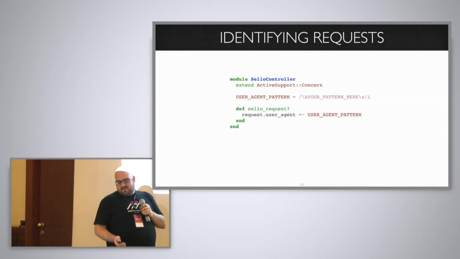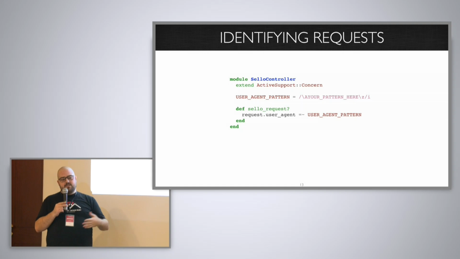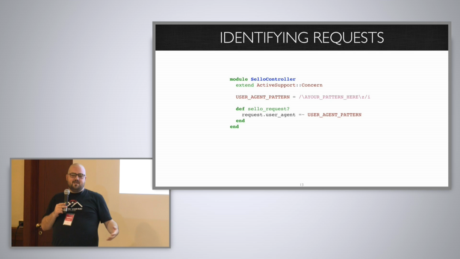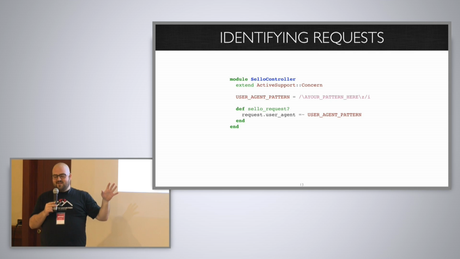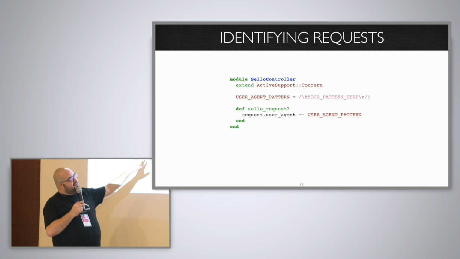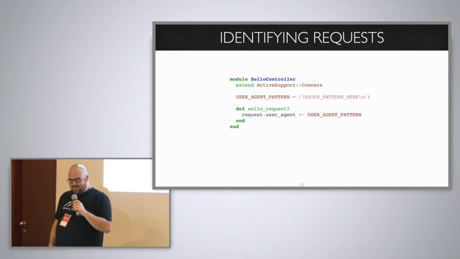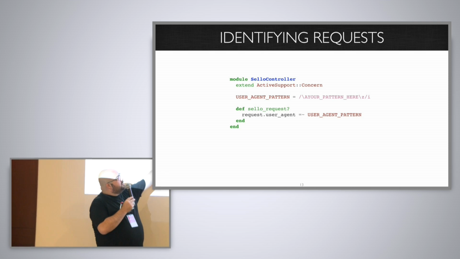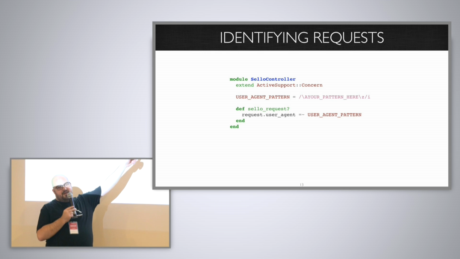That part's always hard. So we start by needing a way to identify requests that are for your app or not. In our case, we had an existing application, so we made a concern. You should be concerned when you see this kind of code. Not yet, but on the extension of this code that's coming up, you'll see what I mean. All we're doing here is mapping the user agent that comes in with the request, which we set on the native side, to some pattern we have.